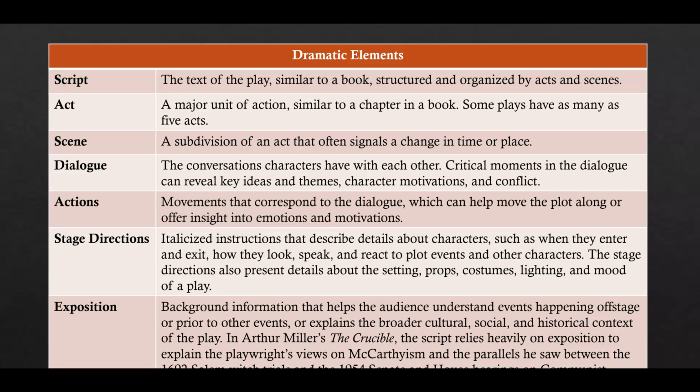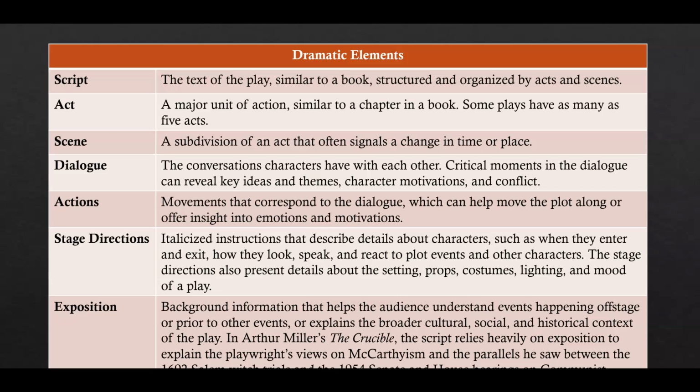Dialogue is the conversation characters have with each other. Any sort of exchange in words is dialogue, and that's shown a little bit differently in plays, and we'll take a look at that. Action is the movements that correspond to the dialogue, which can help move the plot along or offer insight into emotions and motivations.